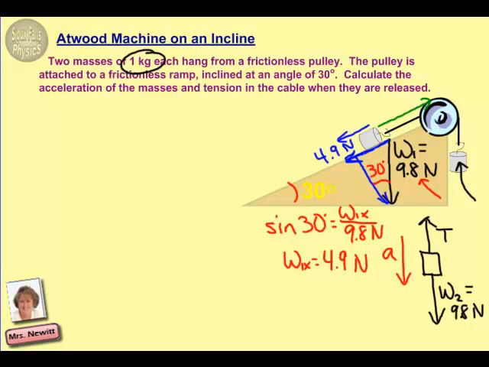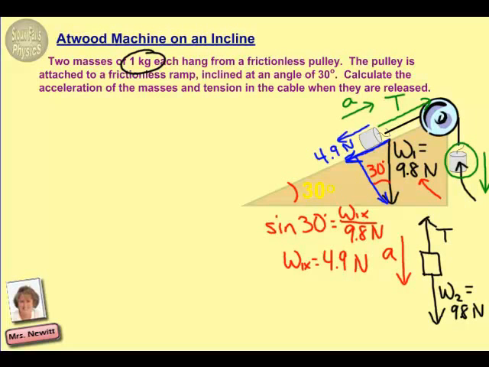Now it does also have tension pulling back up over the pulley from the rope. And notice that if we're assuming that this object over here was going down, then we need to assume that this object over here is accelerating up. And if that is the case, then the tension must be greater than the 4.9 component of weight. So notice that's slightly different than just the normal Atwood machine problems that we've been doing so far.